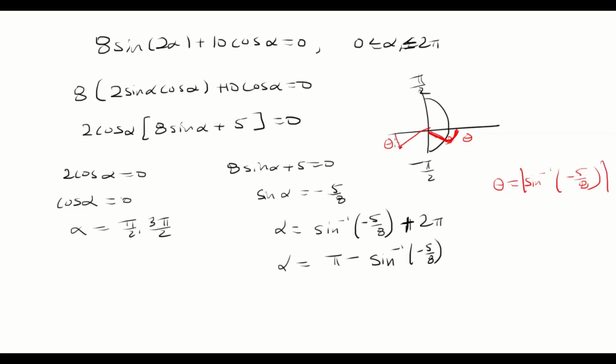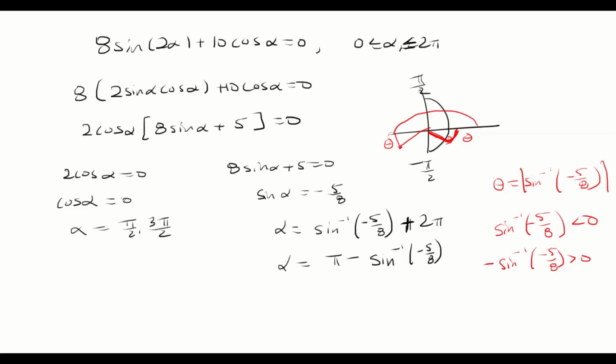In order to go down here, you want to go to pi first and then add that angle theta. And here, because inverse sine of negative 5 over 8 is negative, negative inverse sine of negative 5 over 8 is positive. So this is really saying pi plus a positive angle.